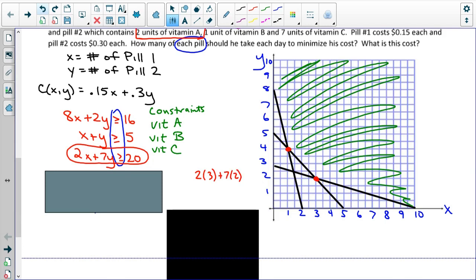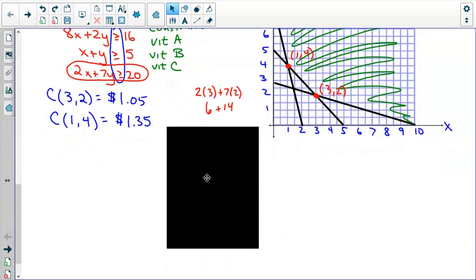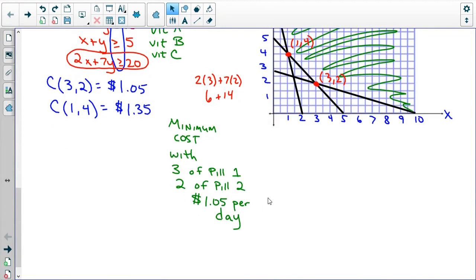That's 6 plus 14, so that is 20. So I do have the point (3, 2) and the other point. If I check those 2 points, I can figure out which one will minimize our cost. And it appears that it is 3, 2. So the minimum cost is 3 pill 1s and 2 pill 2s, and that cost is $1.05 per day for Mark.